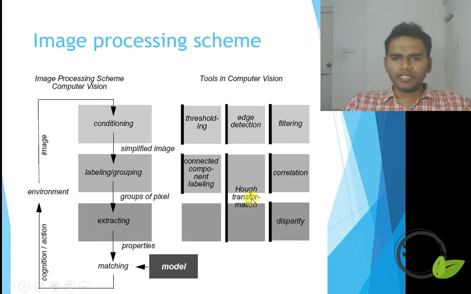So this image processing scheme will be more or less common in all the cases. And in some advanced cases, some more elements are added in case of matching, etc. So this matching model could be an AI process. That is generally existing in an advanced version of the same schema. So we'll go to the next part.